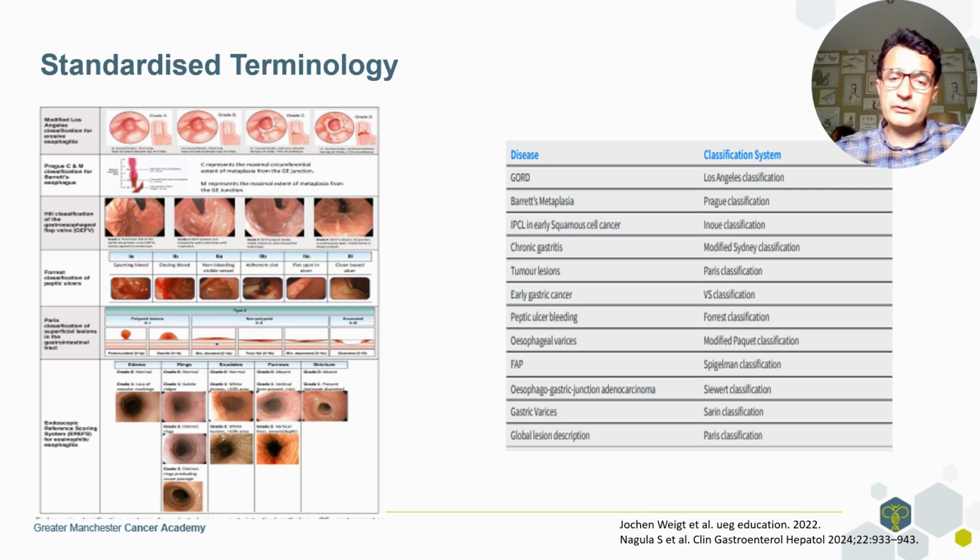There are more specific classifications for specific lesions. If you do FAP surveillance, awareness of Spigelman classification; for early gastric cancer lesions, VS classification; or for early squamous cell carcinoma, IPCL or Inoue classification are useful.